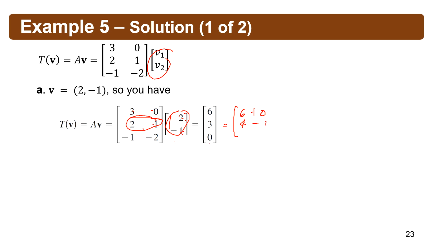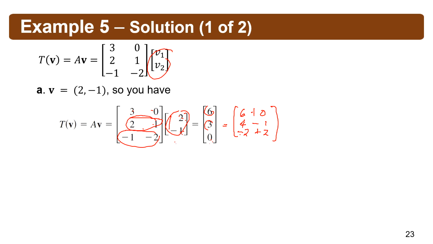And then lastly, this one: -1 times 2 is -2, and -2 times -1 is positive 2. So when we add, you see that 6 plus 0 is 6, 4 minus 1 is 3, and -2 plus 2 is 0. That's why we have (6, 3, 0).